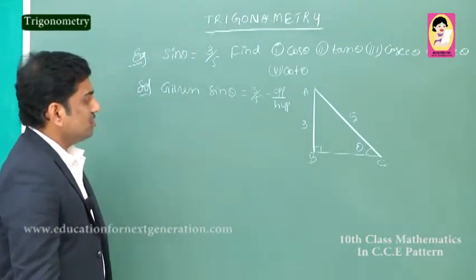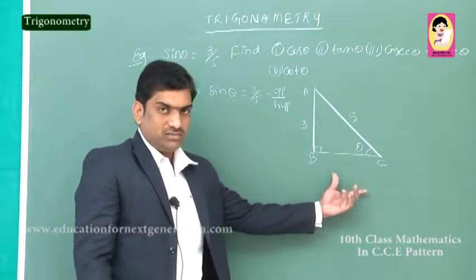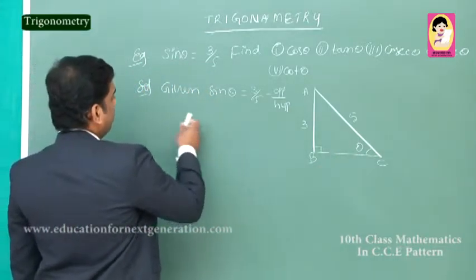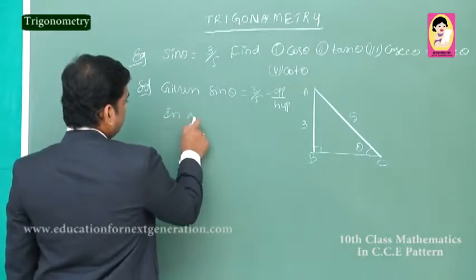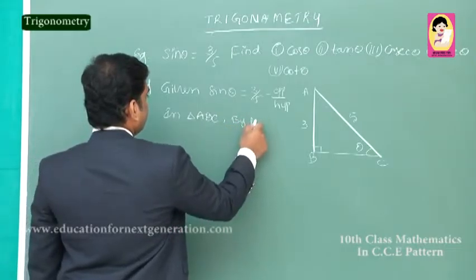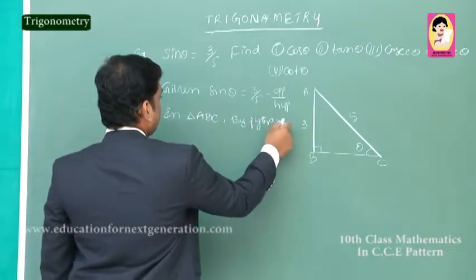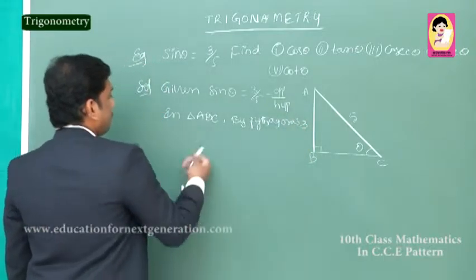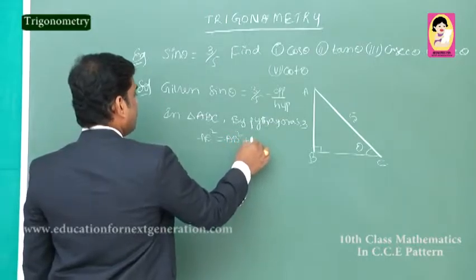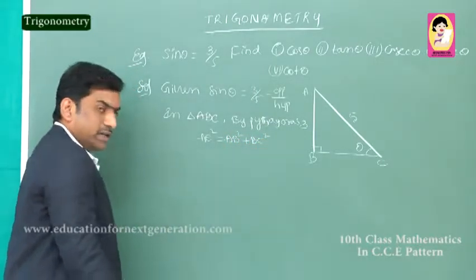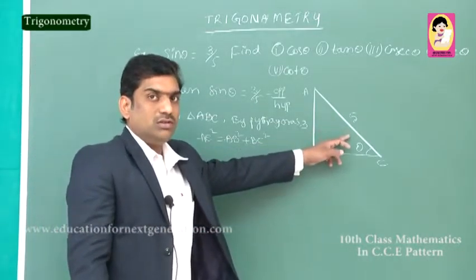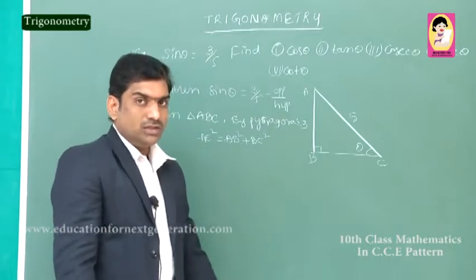We need to write the remaining ratios. We have to calculate the adjacent side to theta. First to calculate that, we know in triangle ABC, by Pythagoras, AC square is equal to AB square plus BC square, because the statement of the Pythagorean theorem is: in a right angled triangle, the square of the hypotenuse is equal to the sum of the squares of the other two sides.